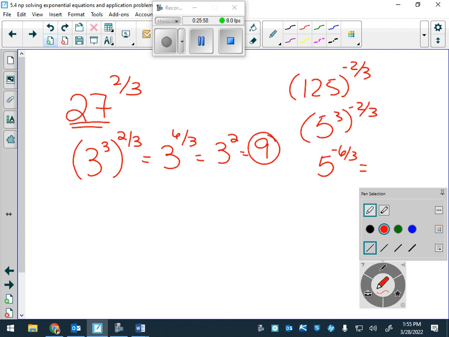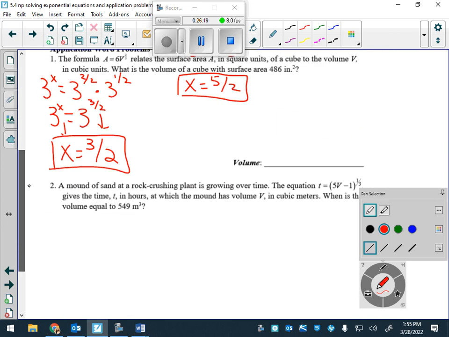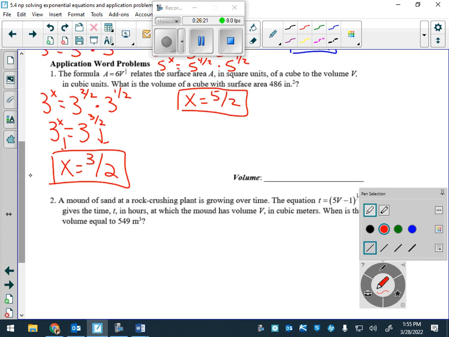Negative 6/3, which then is what? Can't have a negative exponent. 1 over 5 cubed squared, which is the same thing we got. So this is just another method to solve instead of rewriting. Okay? Questions?